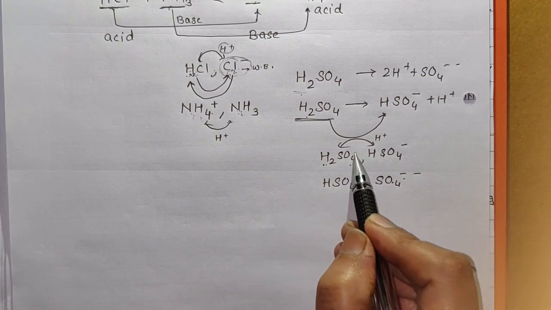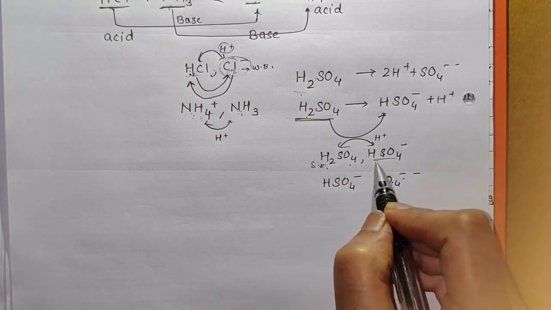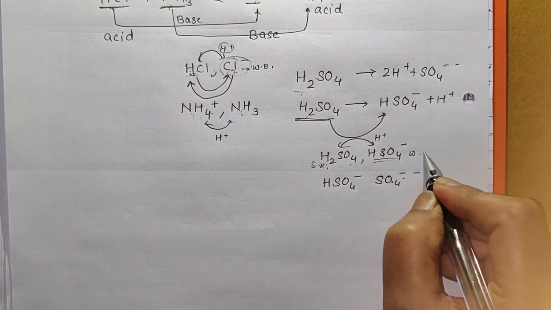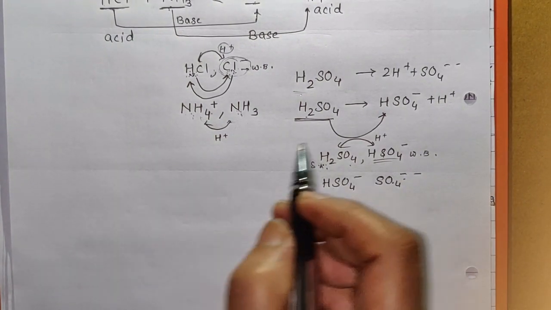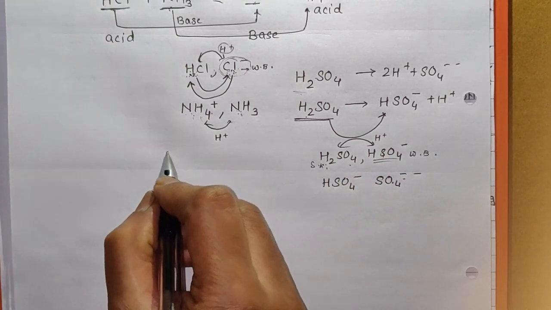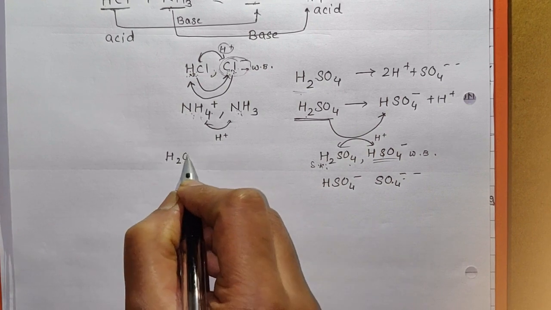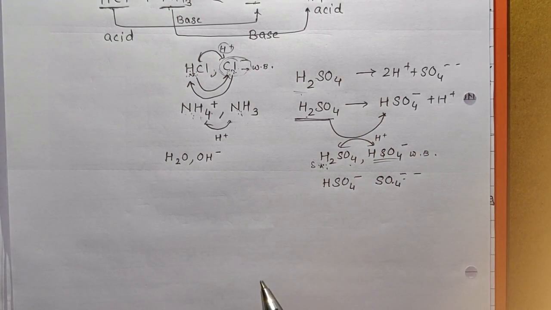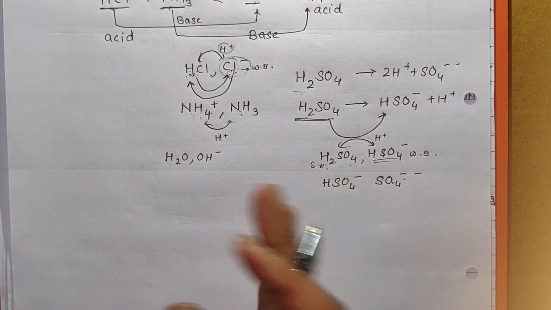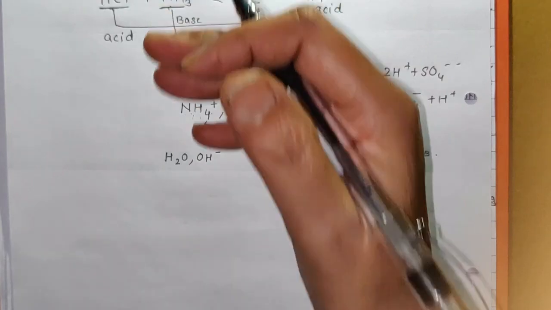Like this, if H2SO4 is a strong acid, its conjugate base HSO4 minus is a weak base. So remember these examples. Like this, in opposite to that, you can say also H2O and OH minus. These are conjugate acid base pairs. There are other examples of conjugate acid base pairs. We can consider them in the next slide.